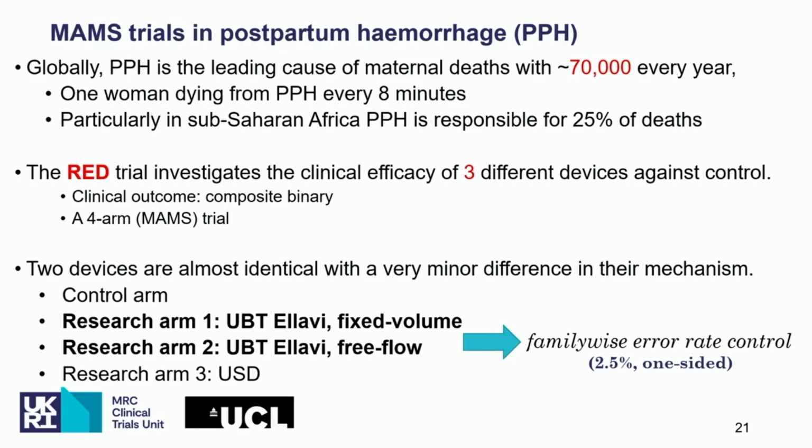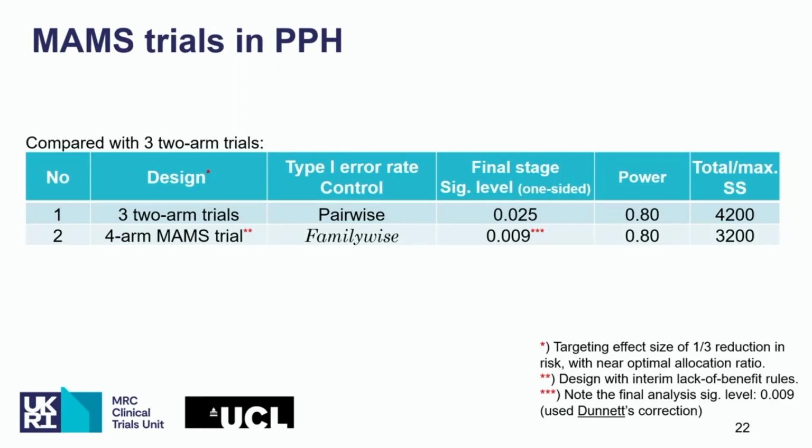So here, because we are making selection, and also we have these related devices, we need to control the family-wise error rate at 2.5%. So let's have a look at some comparisons.